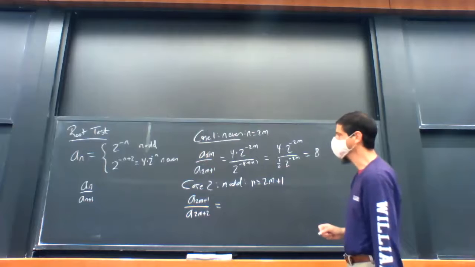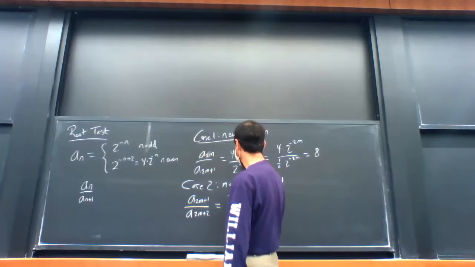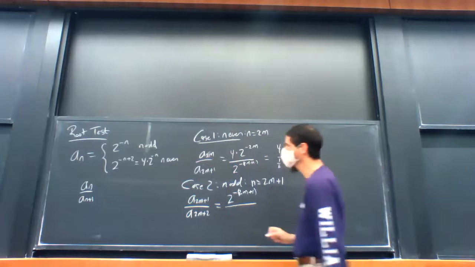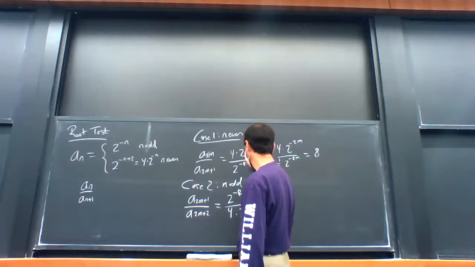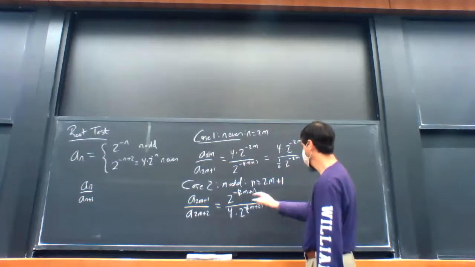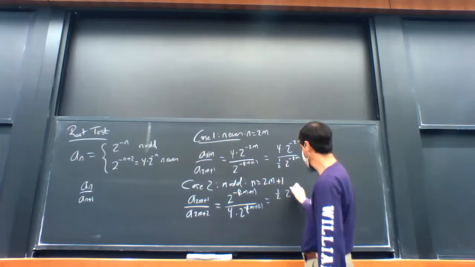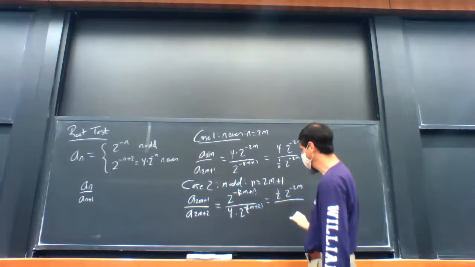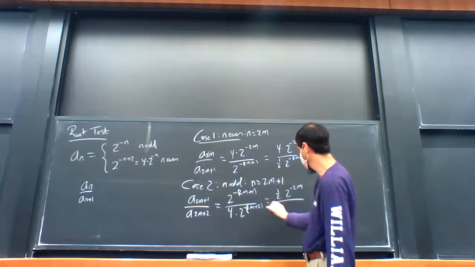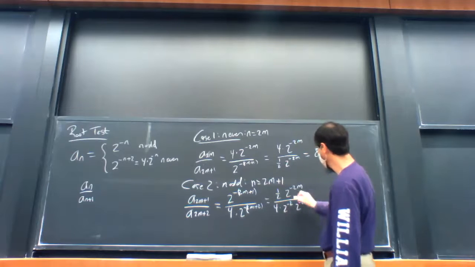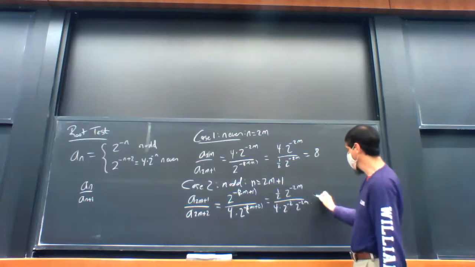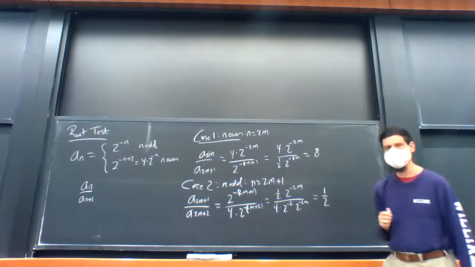And so now, because it's odd, it would be 2 to the negative (2m plus 1) up top, and then down below it's even, so it's going to be 4 times 2 to the negative (2m plus 2). So it's going to be 1/2 times 2 to the negative 2m divided by 4 times 2 to the negative 2 times 2 to the negative 2m. So these cancel, the 4 cancels, and we get 1/2.